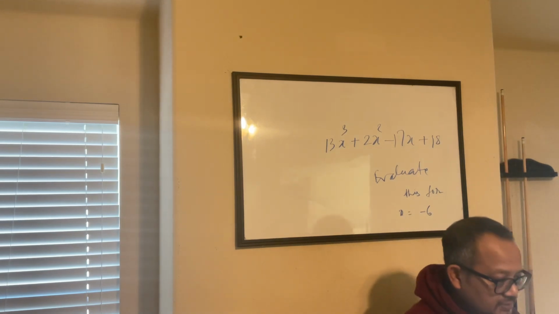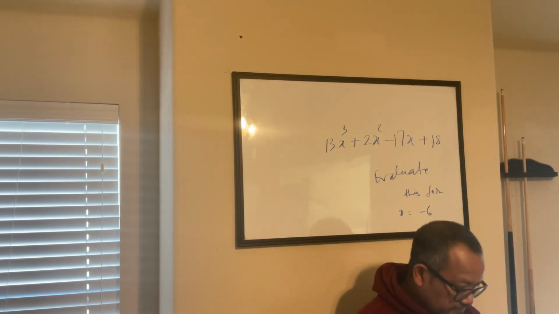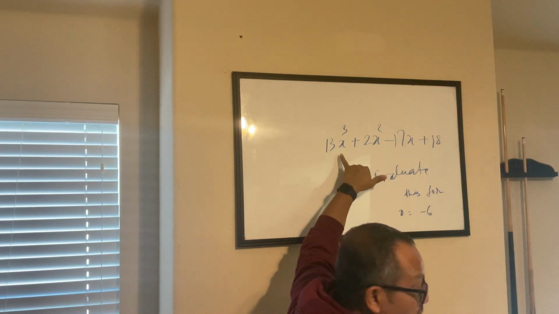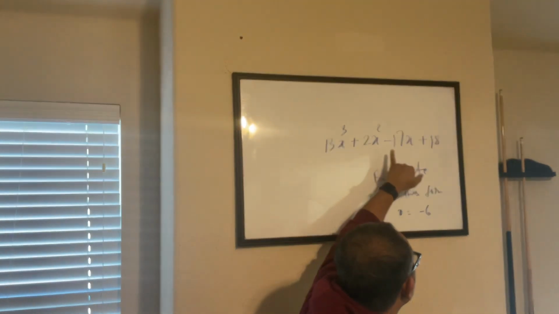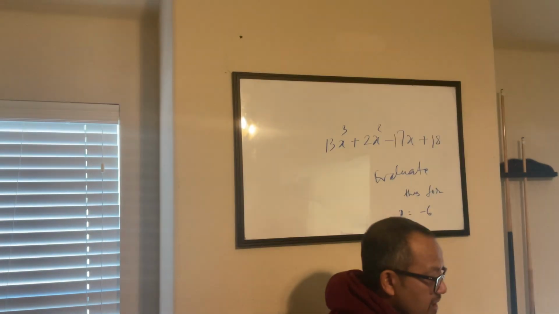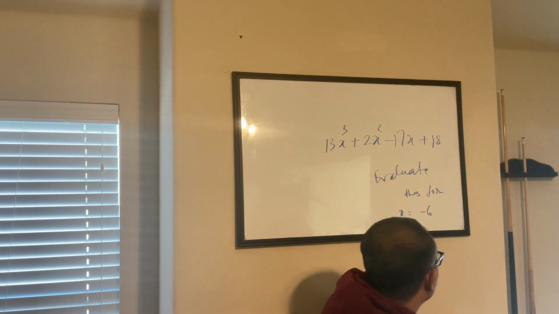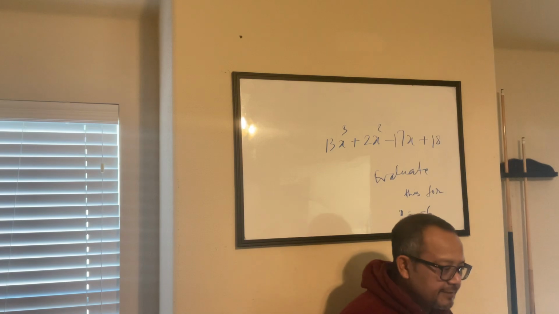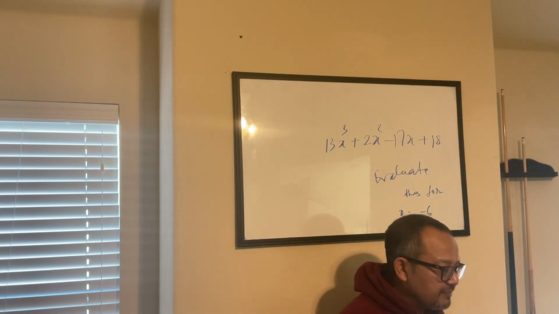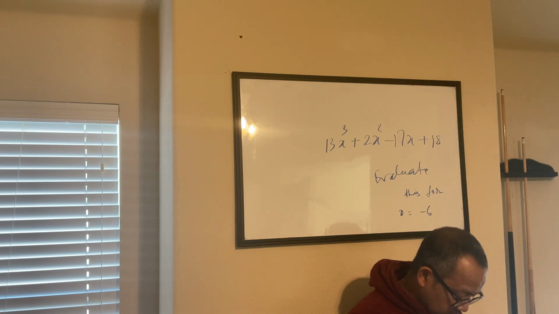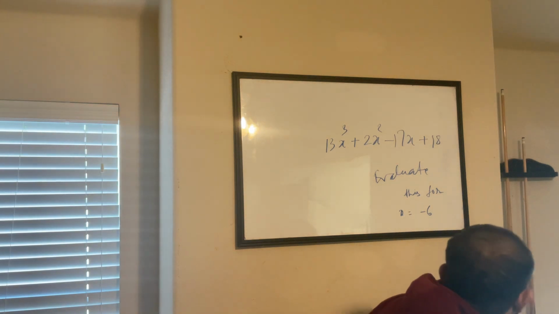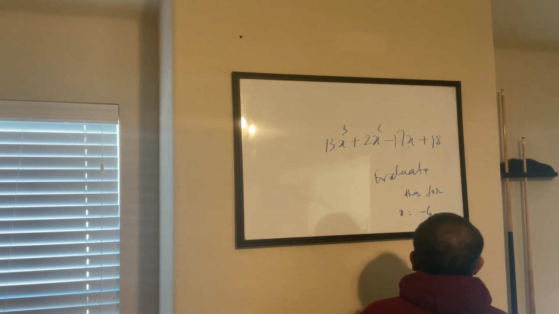Yes, Chris. Sir, can you repeat the question? What are we trying to find? So I have an expression 13x cubed plus 2x squared minus 17x plus 18. I want you guys to evaluate this for x equal to minus 6. Okay, thank you. I got minus 2616. Minus 2616.